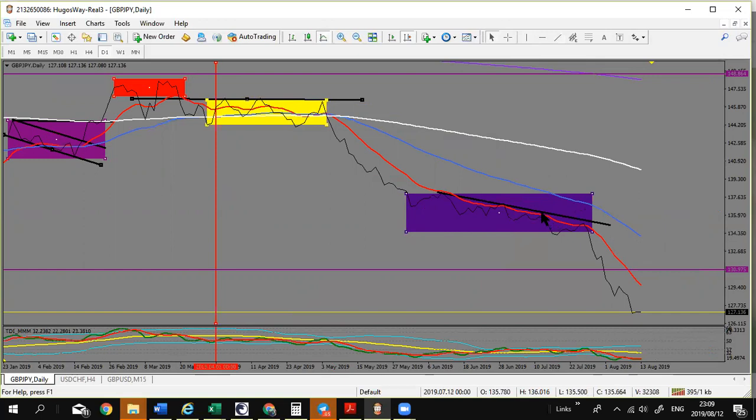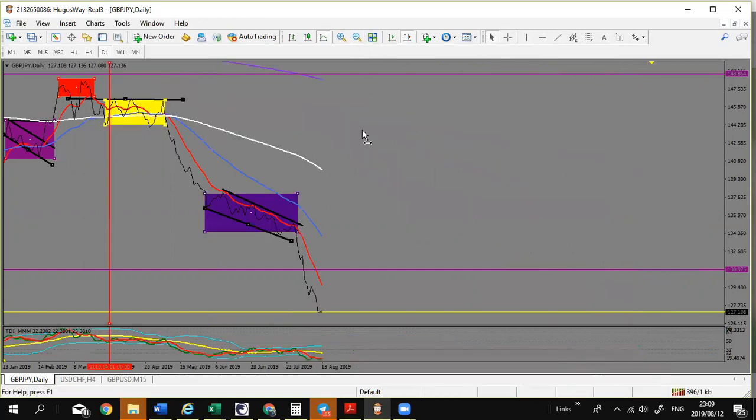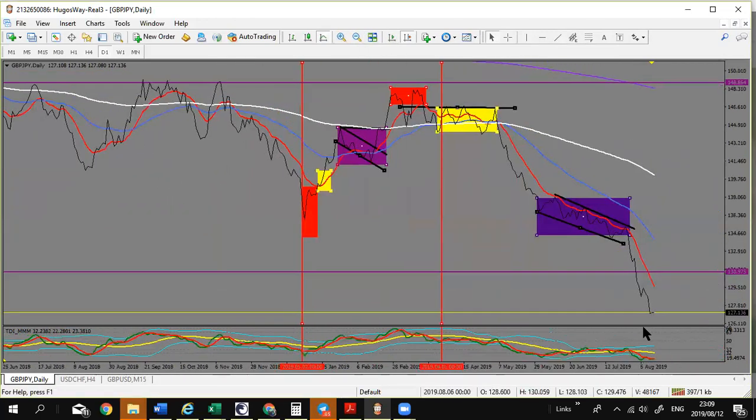Like I said, patterns to induce. And once again, we have 1, 2, 3 pushes to the low. And this is our new low of the year at this point. So we mark this level up.